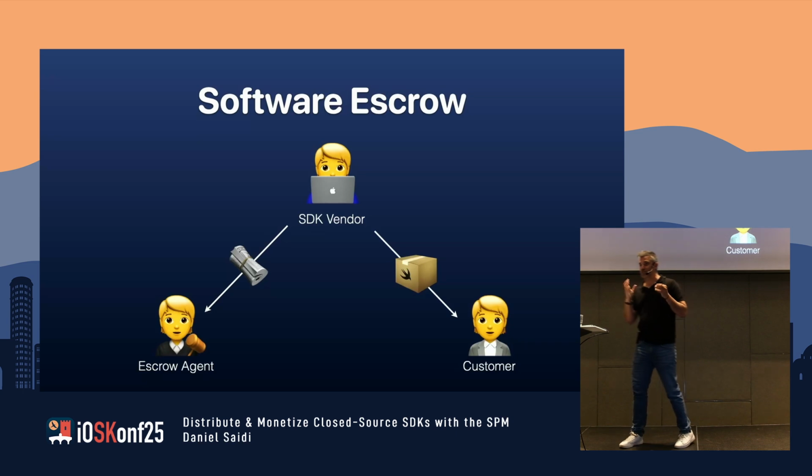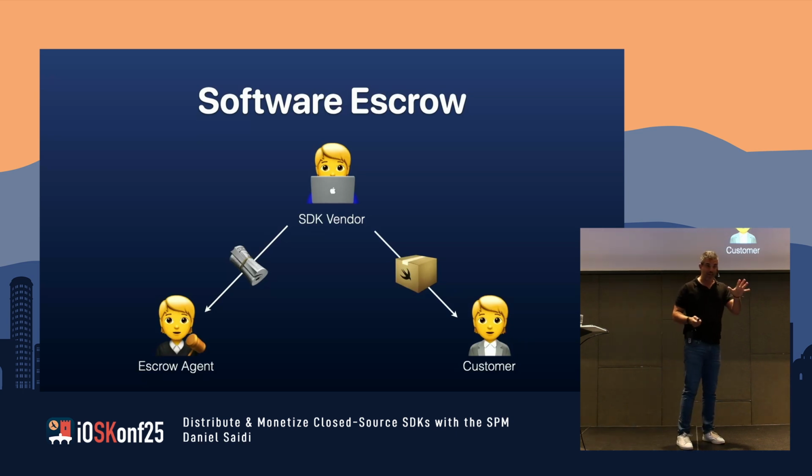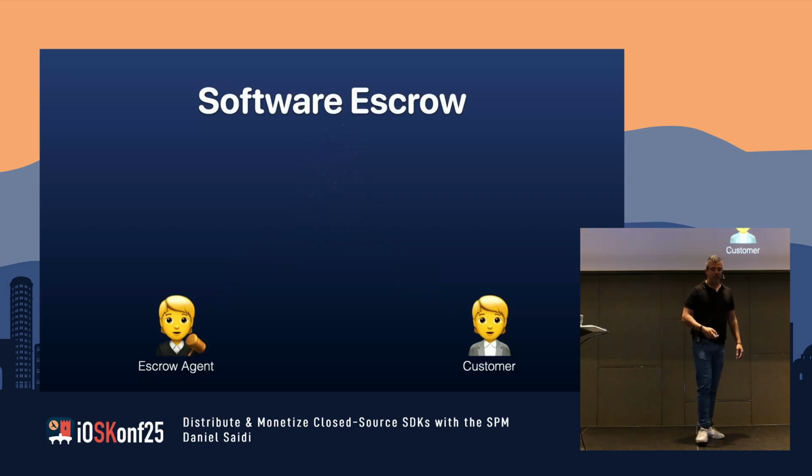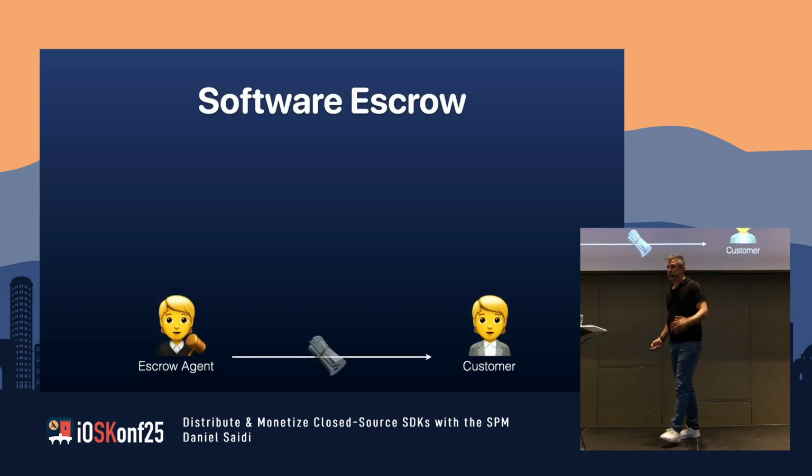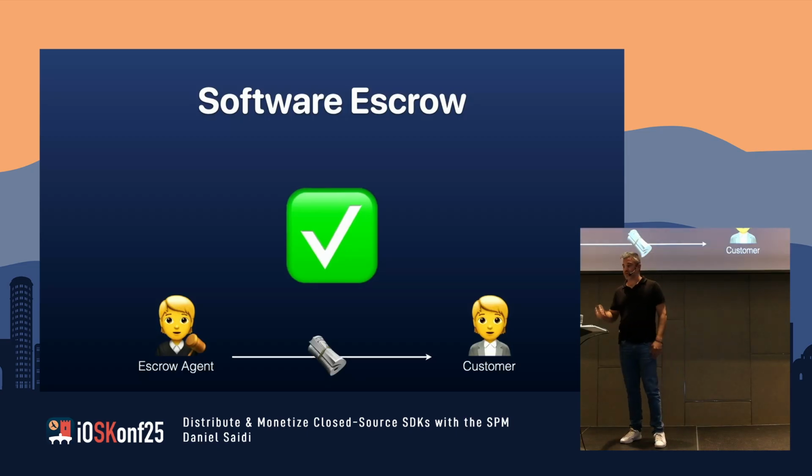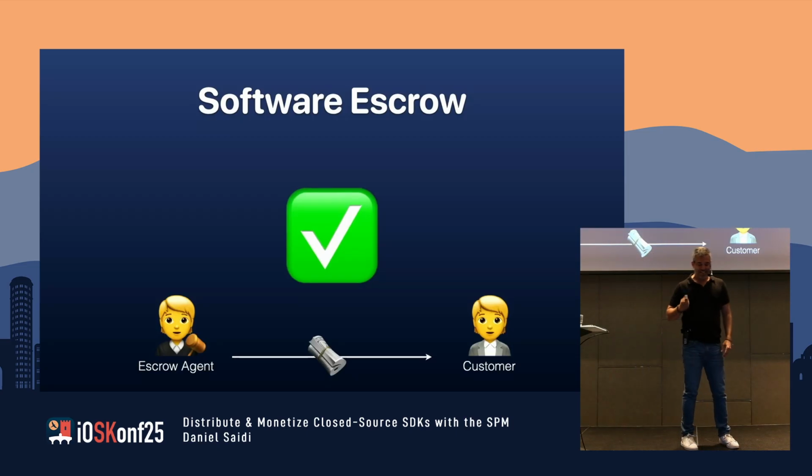So you're going to take your source code and deposit it to this escrow agent on a regular basis. And if your business stops serving your customer, the customer can reach out to the escrow agent and say, seems Danny is not around anymore. And the escrow agent can send the source code to this customer. And that is a good enterprise feature right there.